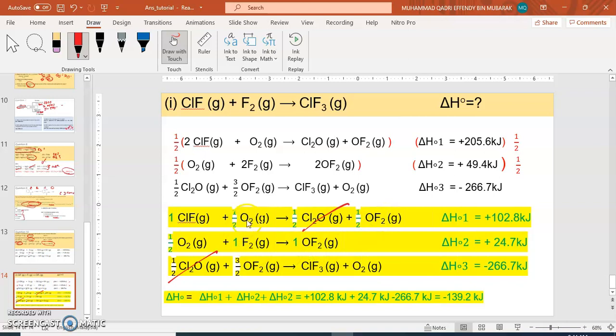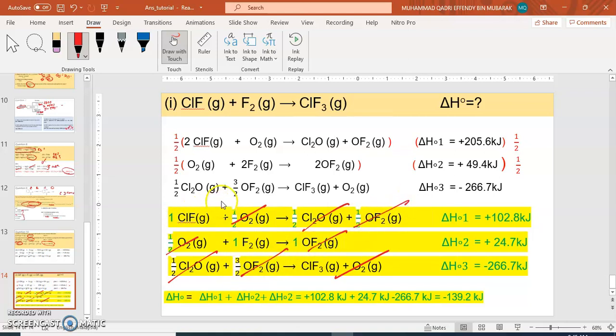We can't yet because we have 1/2 over here and 3/2 there. Okay, let's look at the oxygen. We have 1 oxygen here, half oxygen here, and half oxygen here. Half plus half becomes 1, so we can eliminate it. Then we have 1/2 OF2 on the right hand side, and on the left hand side we have 3/2. If we add these together, we can of course eliminate OF2.